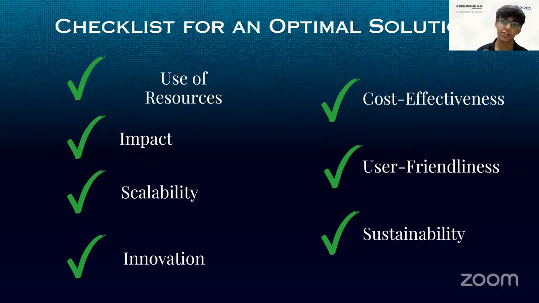And the greater the impact that can be had from your solution, the better your chances of winning Codeavour. It should improve lives, it should improve quality of life, deliver measurable results, as I said, and the broader and more significant your impact on your target audience is, the greater your solution.